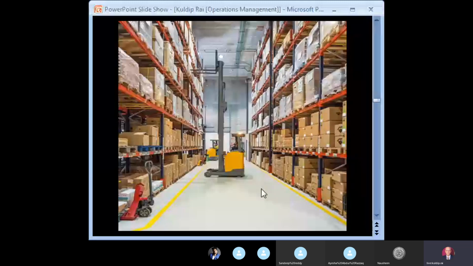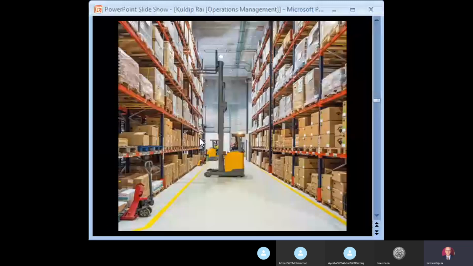If you stand on the floor, your hand reaches only up to the second shelf. The rest of the shelves are much above that. And on each rack, you are seeing so many compartments, 1, 2, 3, and so on. In each of these compartments or in each of these bins, one type of material will be stocked.